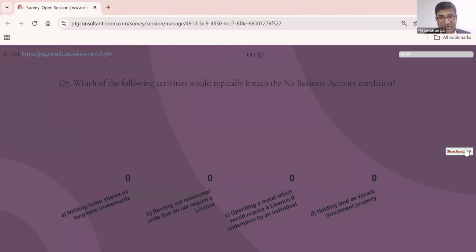Now, again, testing the same point: the no business activity condition. If we understand this part, just now in the previous slide we discussed a similar thing. So hopefully now we have a better understanding of what the no business activity condition is.